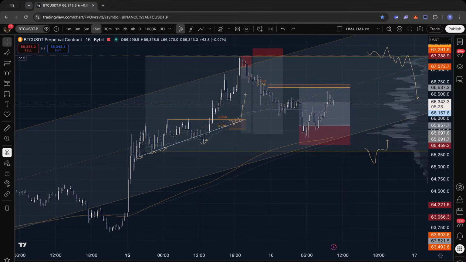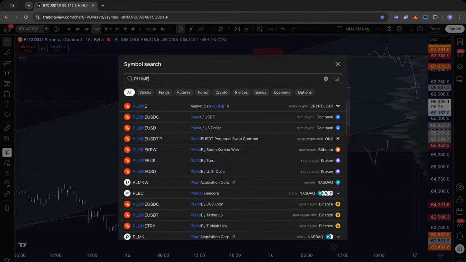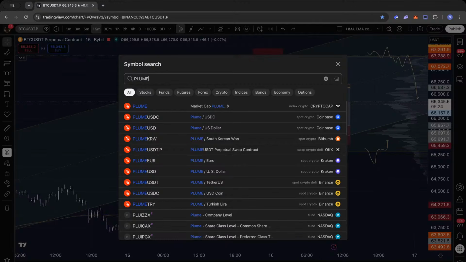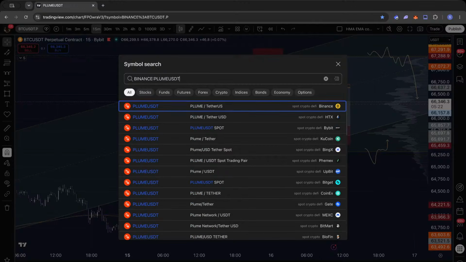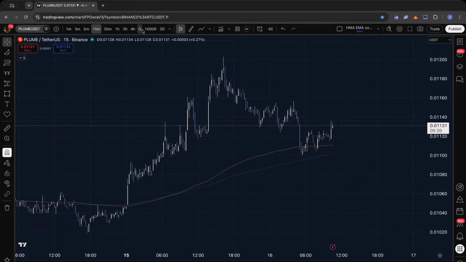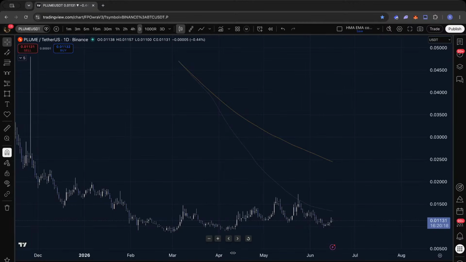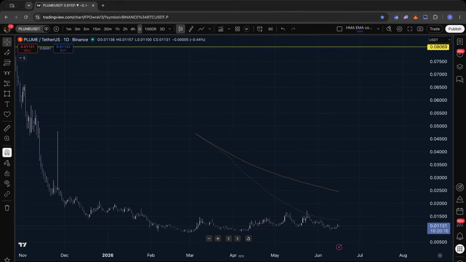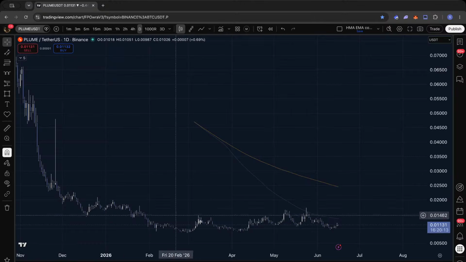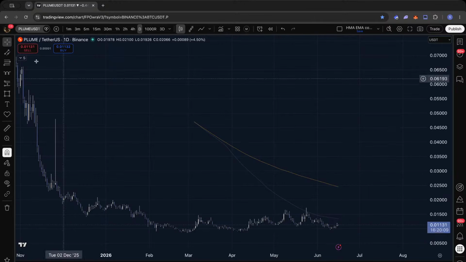Let's go on Peter's request. Bloom. Let's see what we have here. Yeah, it's not looking bad, but look at this forever consolidation since December. Definitely not looking bad.